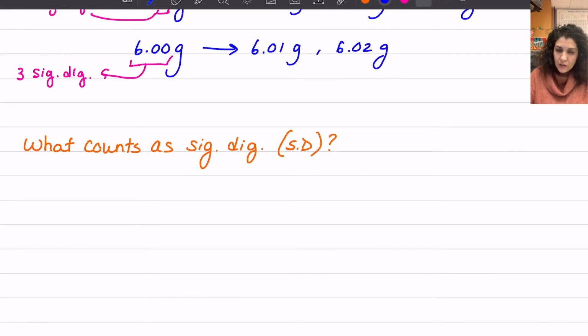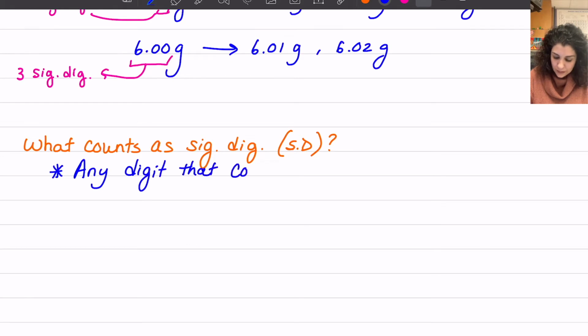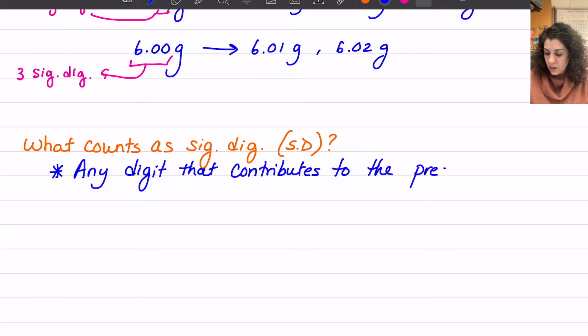So a significant digit is any digit, it could be a 0 or a non-zero digit, that counts towards the precision of a measurement. Okay, so any digit that contributes to the precision of a measurement.